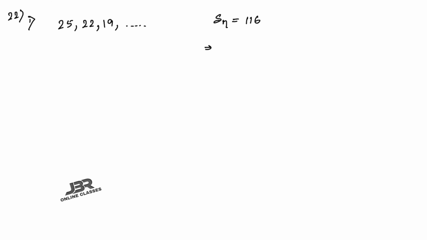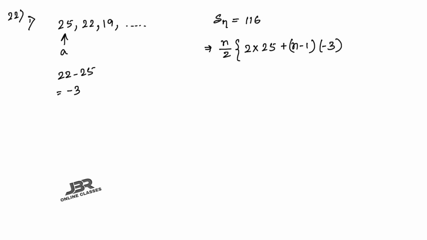And you know the formula of Sn, n by 2 into 2 into a, that means the first term, which is 25. So 25 plus n minus 1, and then d means the second one minus the first one, so it's minus 3. So here minus 3, and that equals 116.